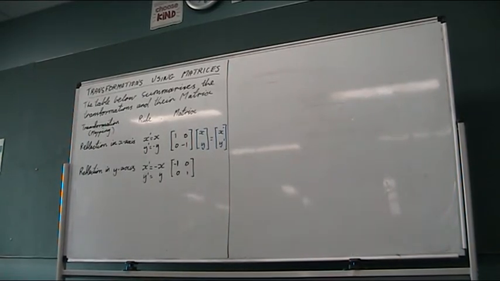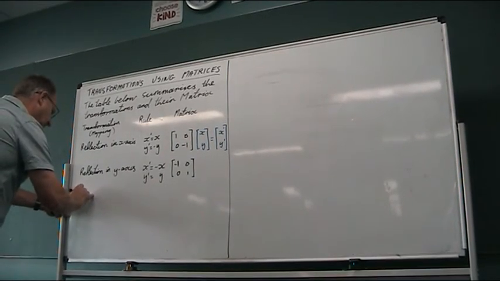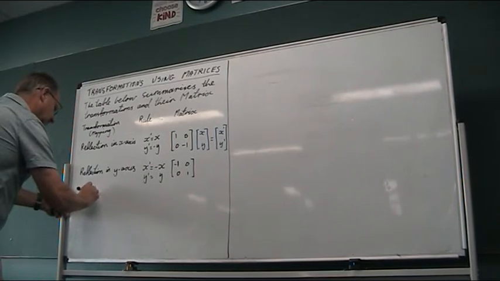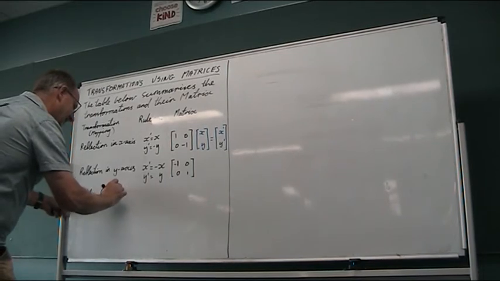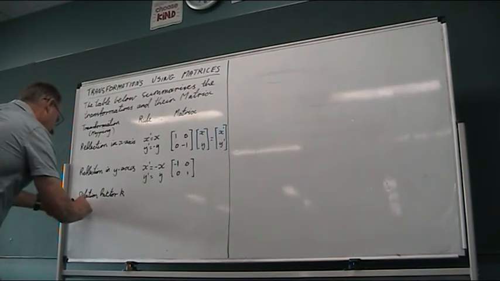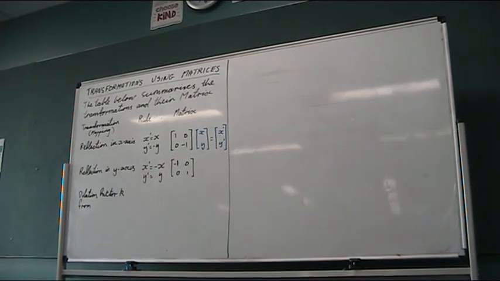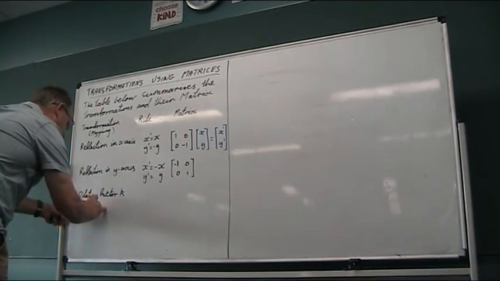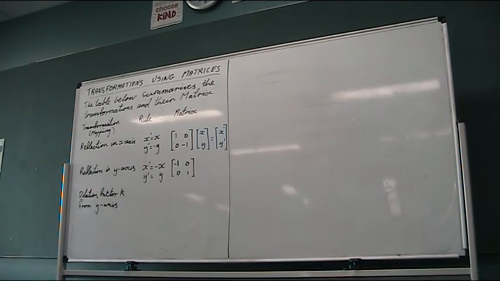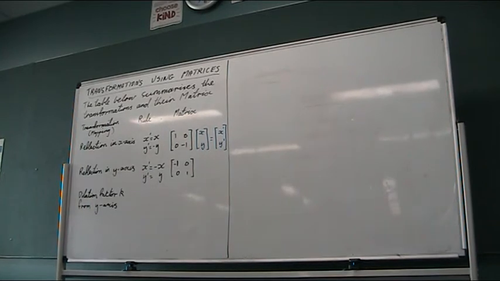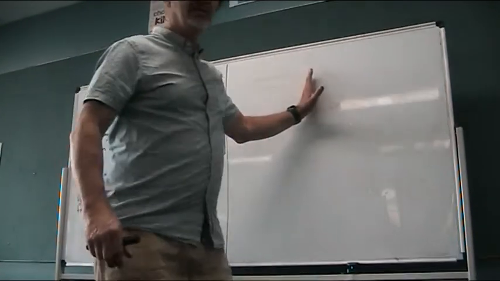All right, some dilations. The first one: factor k from the y-axis. If we go k from the y-axis, we're moving away from the y-axis, so what changes?